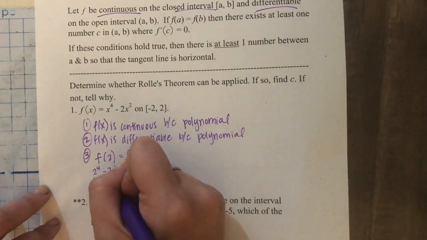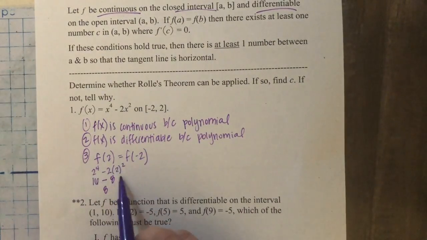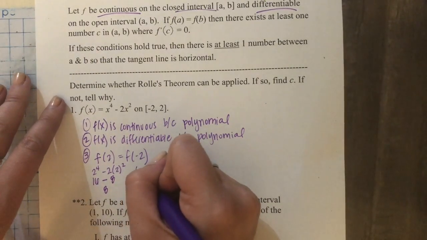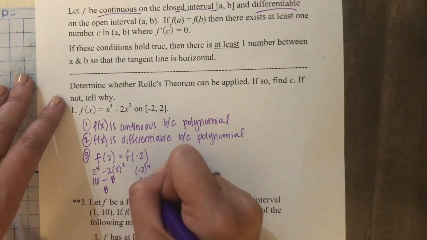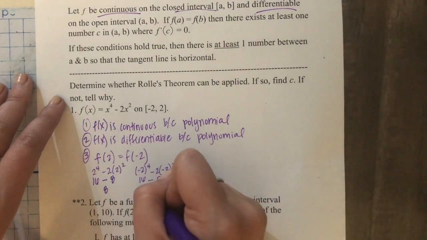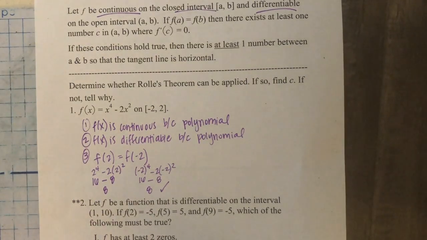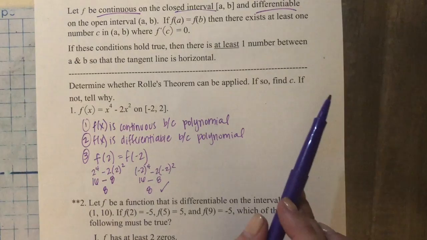Minus, exponent first, but it doesn't really matter, 16 minus 8, so that would give me 8. f of -2 is going to be the same because I've got even powers. So -2 to the 4th is a positive 16, minus 2 times -2 squared, which is a positive 8, so I would get 8. So that works. I've checked all my conditions. Now it says, if so, find c.